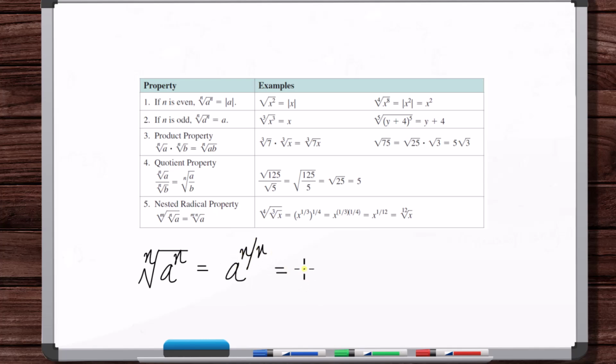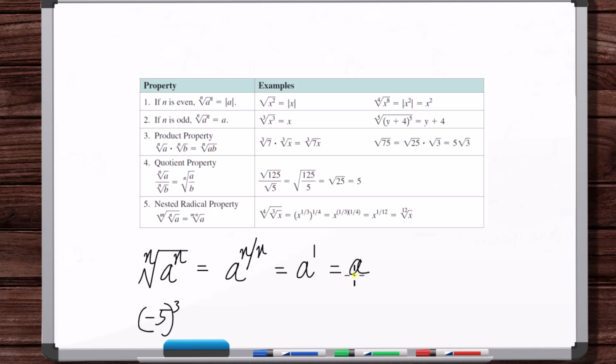Well, n divided by n is 1, so this is just a. And if n is odd, then this is true, no problem. If you had something like this, then this would be -5. But if this was +5, it would be +5, so it's just a.